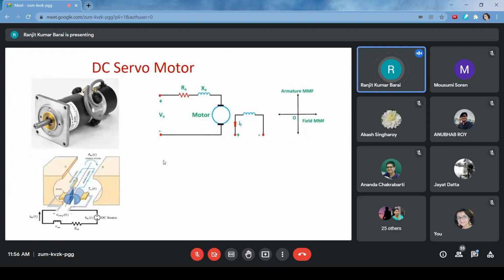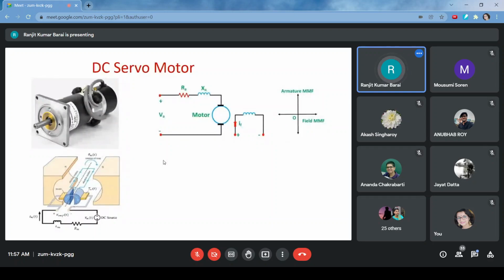So during the design, we will keep a nominal flux density around which the variation will take place, maximum and minimum, so that the variation on both sides does not reach saturation. That is my point. It should not cross the knee point in the magnetization characteristics.